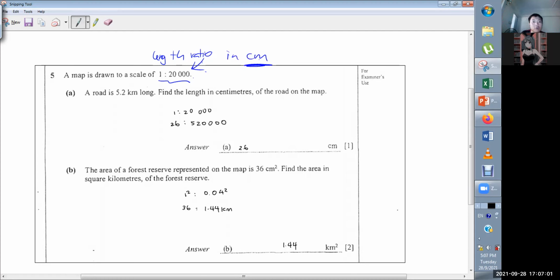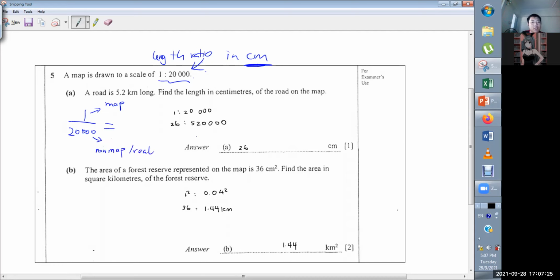So what you need to do, you need to do 1 over 20,000, and then of course equal to. By the way, the 1 here represents the map. The 20,000 here represents the non-map. Non-map means actual, real.